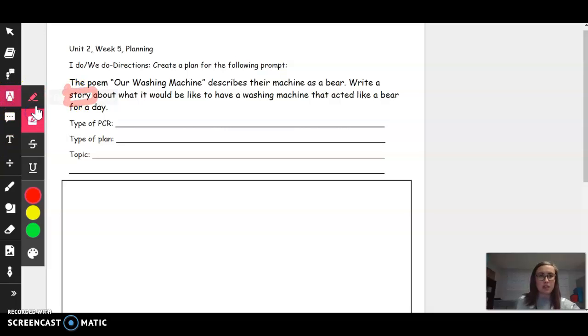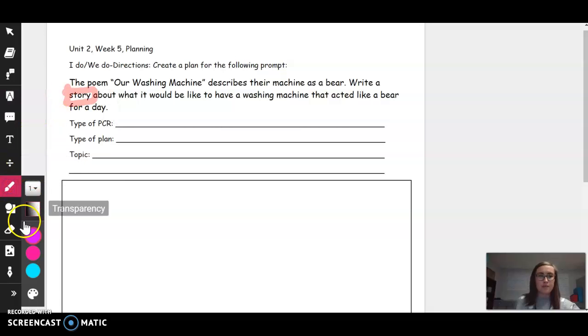Okay, let's see if I can change this real fast. Oh, right here. That's what I need. Okay. So if it says to write a story, that's automatically a narrative, okay? Like in the past for our expository, it usually says to write an essay or a paragraph. But narratives do not ask you to do that. They tell you to write a story, okay?